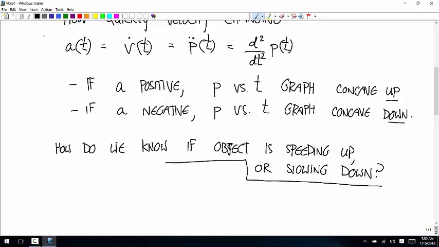Well, your first thought might be that if an object's speeding up, the acceleration has to be positive. If it's slowing down, the acceleration has to be negative. But there's a little bit more of a complicated relationship than that.